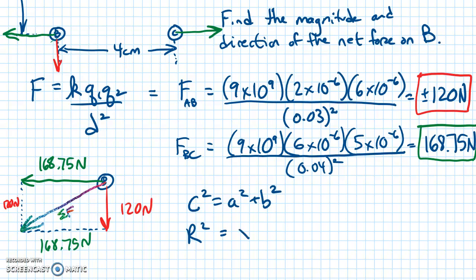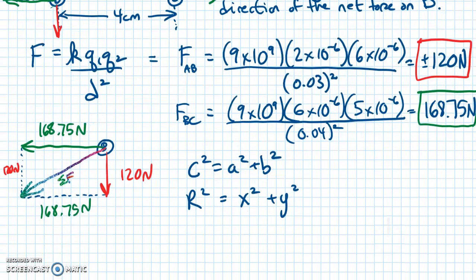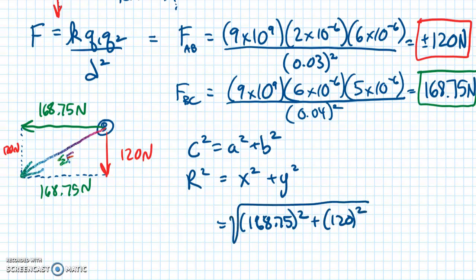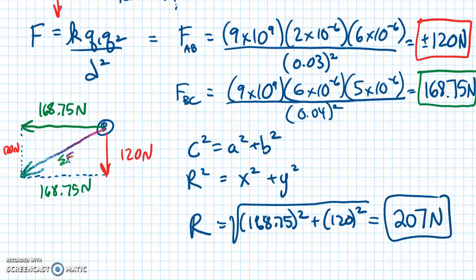And then this side is the x side squared, and this side is the y side squared. So putting in those numbers, the x side is 168.75 squared. The y side is 120 squared. Take the square root of that, and that gives you the magnitude, one of the parts of this question that we're looking for. And I pop that into my calculator, I get 207 newtons. So that's the magnitude of the net force.